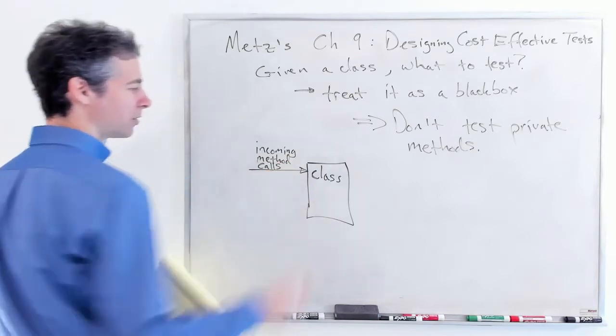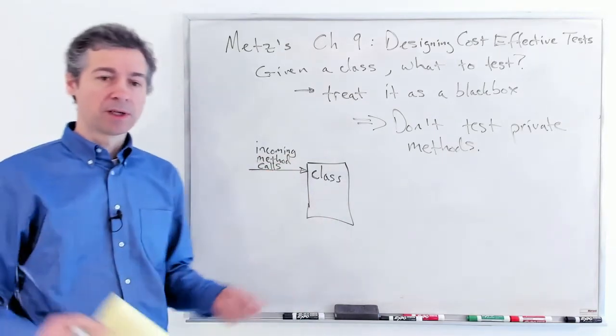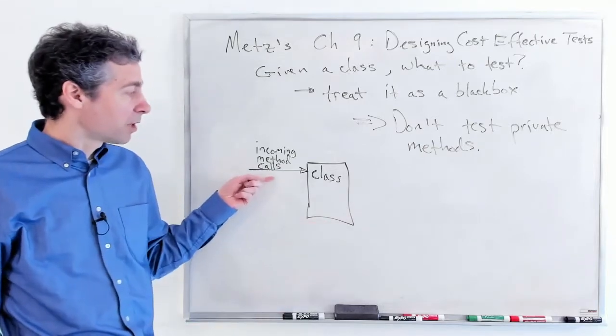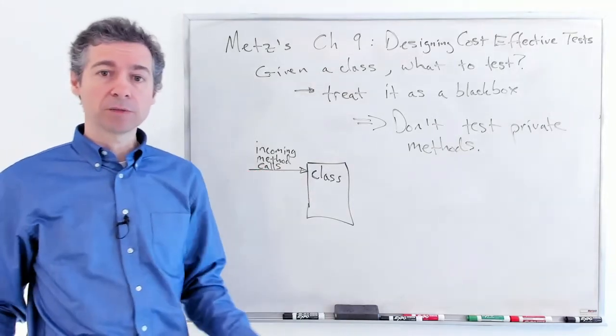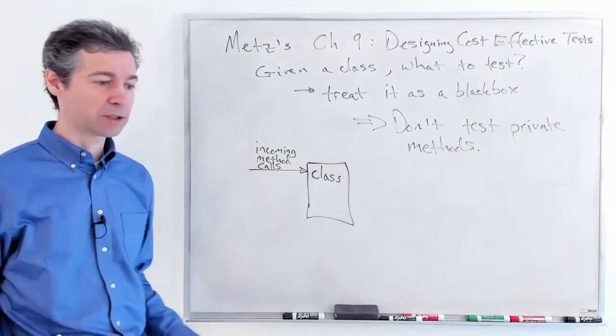So, again, let's say we have a class that implements a binary search tree. You might very well have a method that adds an element to that object, and it goes into the binary search tree.